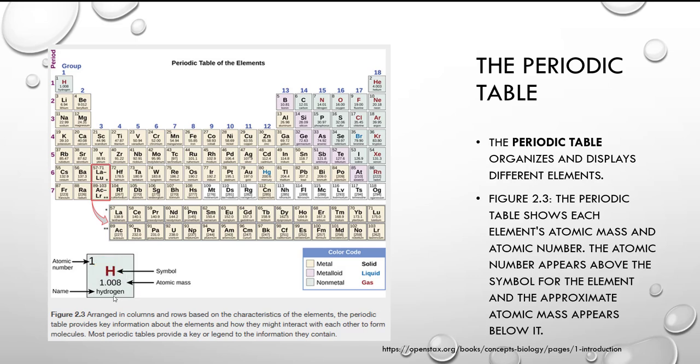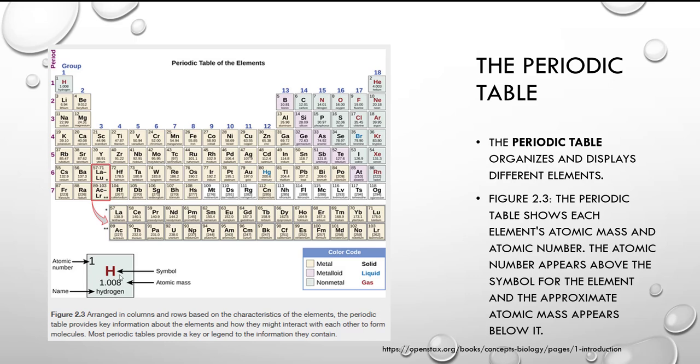It gives you the name too, but when you're writing a chemical formula, it's easier to write an H than the whole word hydrogen. And then it also gives you the atomic mass. Remember, the atomic mass is the average of all of the isotopes. So look at this atomic mass, 1.008. That tells you something.